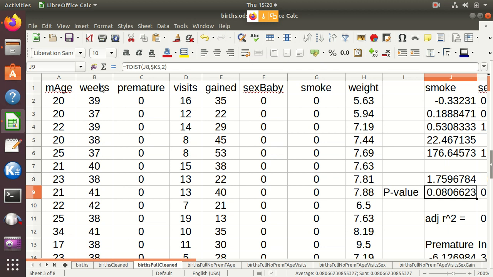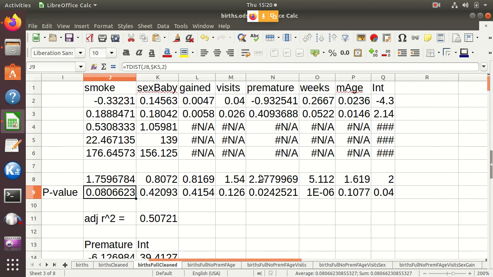Notice this is mother's age, weeks, premature, and all that, in that order. Smoking is last, and then weight is the response variable, so I put it as last. Now, when I labeled these, they are in reverse order. So the first slope that comes up on the left was the rightmost column of data, of the explanatory variables, and so forth, and it goes over, and then the last thing is always the intercept.